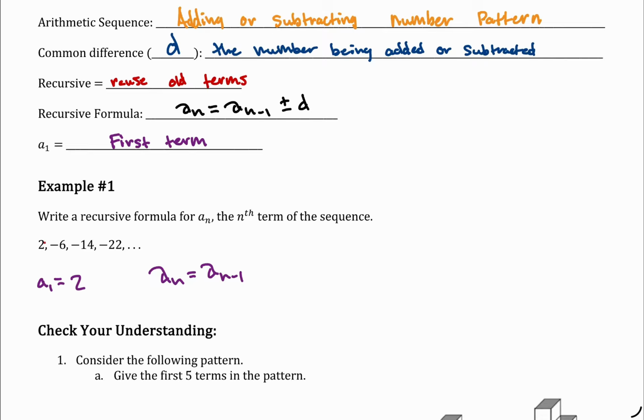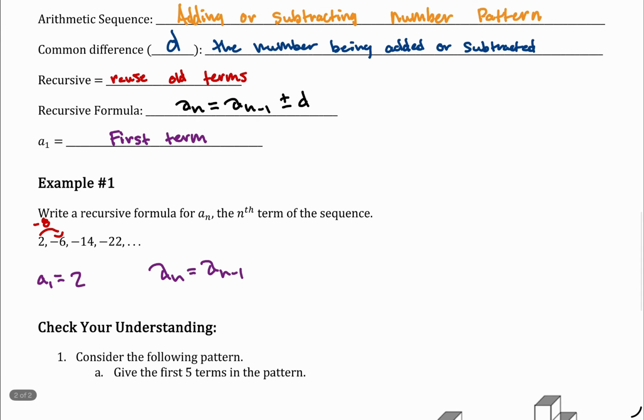So how did I go from 2 to negative 6? I subtracted 8. Okay? Let's make sure that that is the difference. From negative 6 to negative 14 is also subtract 8. So it looks like we're in the clear here. Okay? So our difference is negative 8.